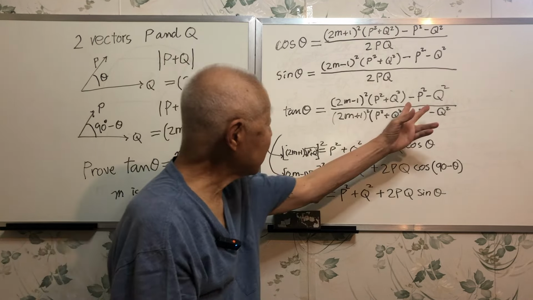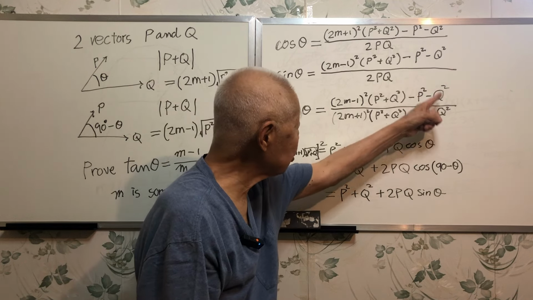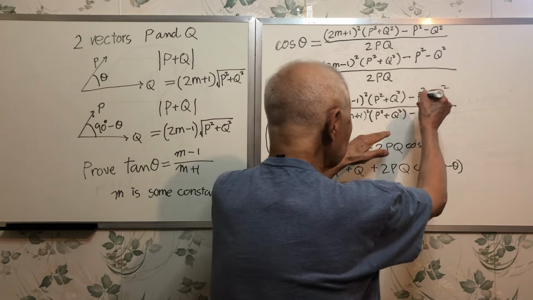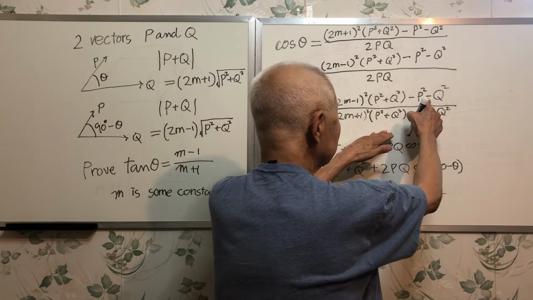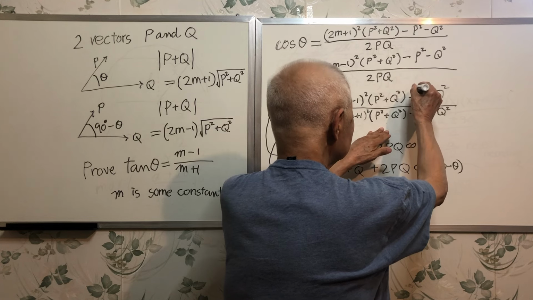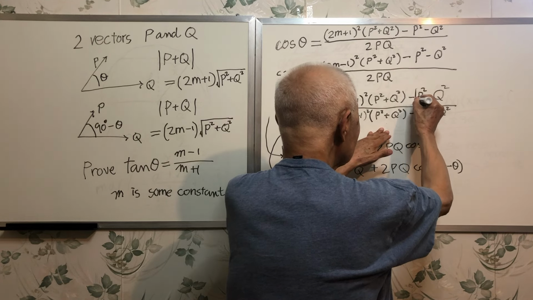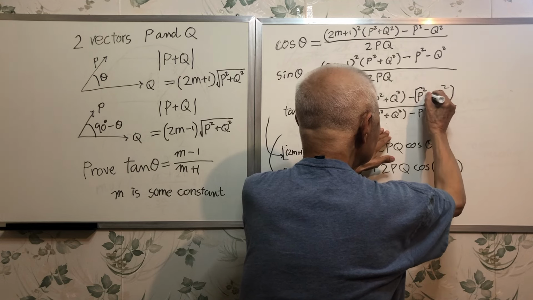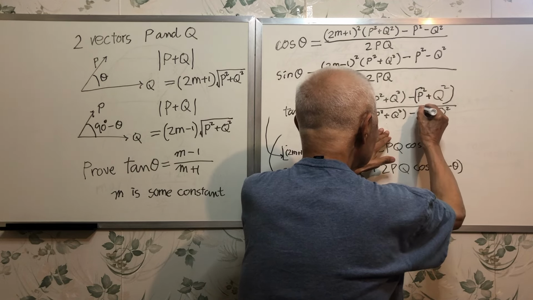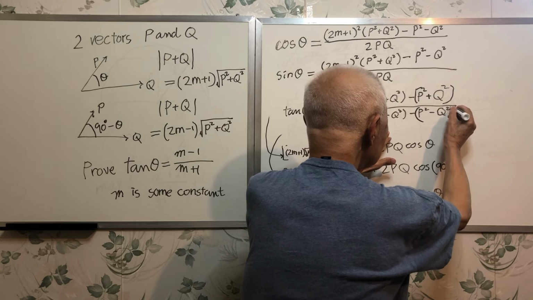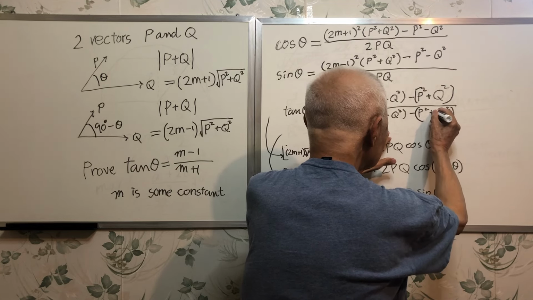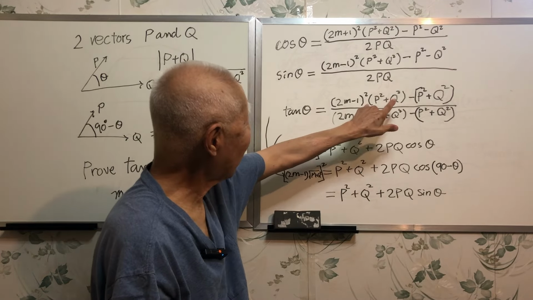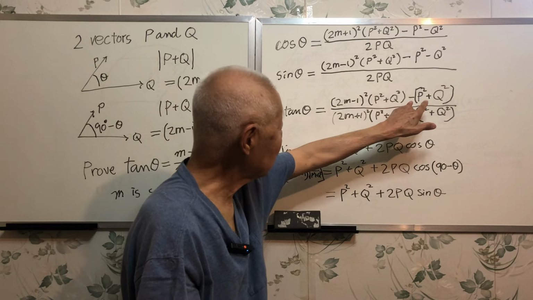This divided by that is this fraction divided by this fraction, and the denominators of the two fractions are the same. Therefore, the denominators cancel each other. So I have this. Let's put a bracket around these two terms. Put a bracket around these two terms. So I put a bracket, then the negative becomes positive. Now you see I have two common brackets here.